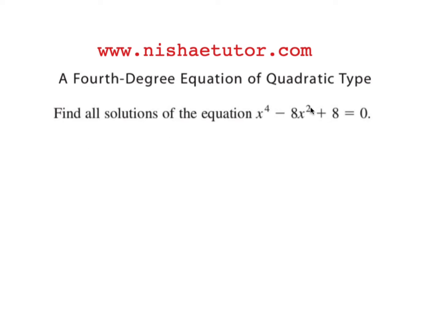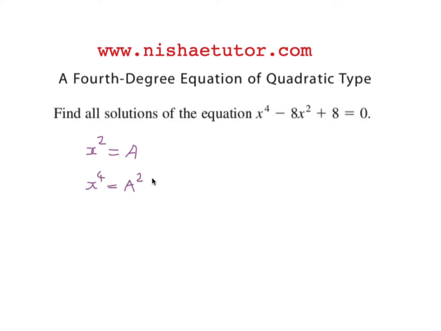And here, if we put x square equal to capital A, then x to the power 4 will be A square.